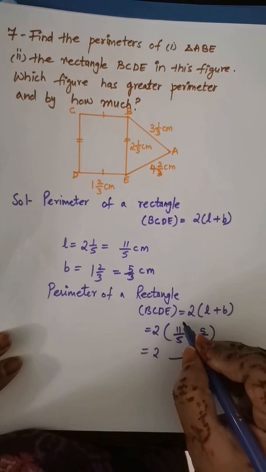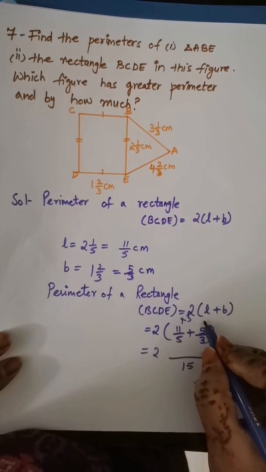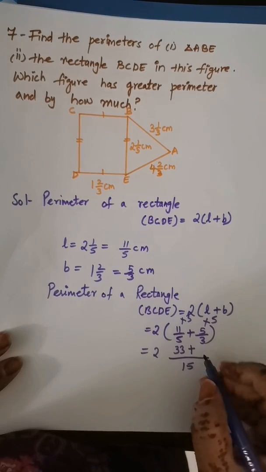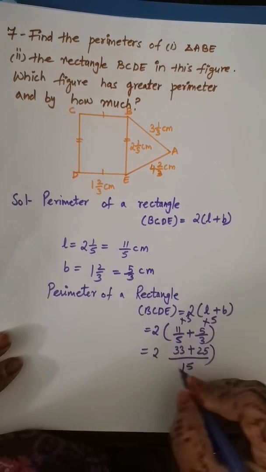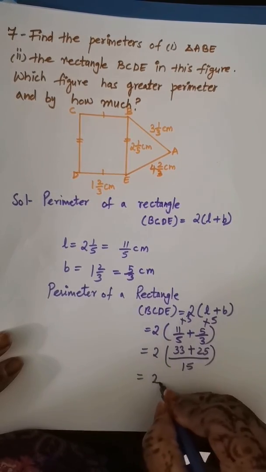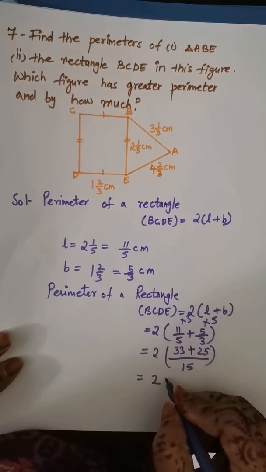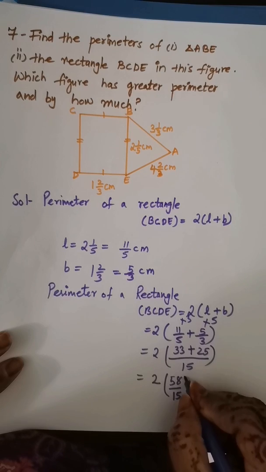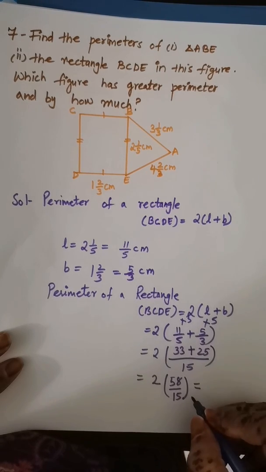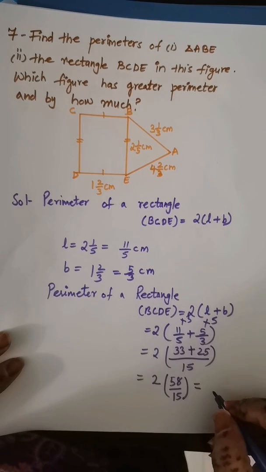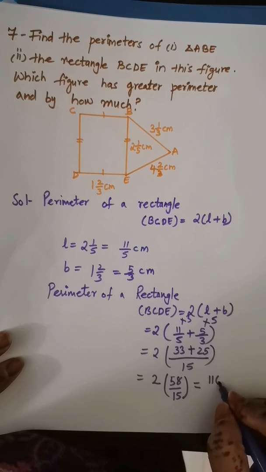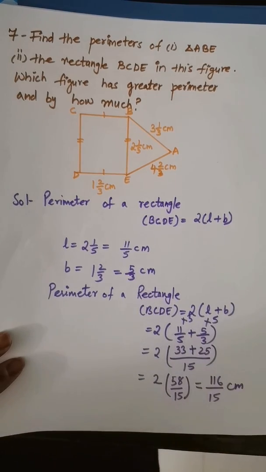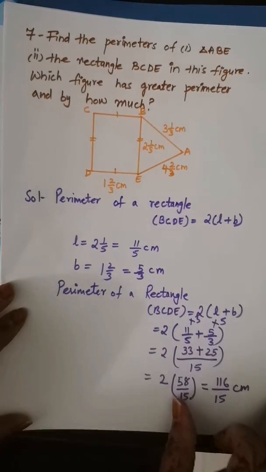Check the denominator. Here into 3, here into 5. 11 3s are 33 plus 5 5s are 25. So it will be 2 into 58 by 15. So 2 into 58 is 116 by 15 centimeter is the perimeter of the rectangle.